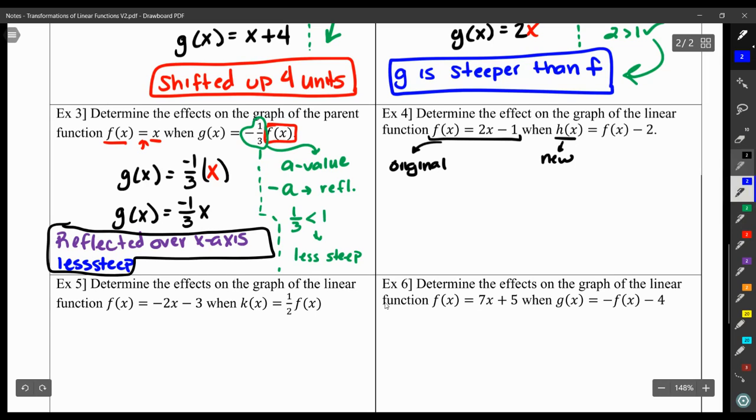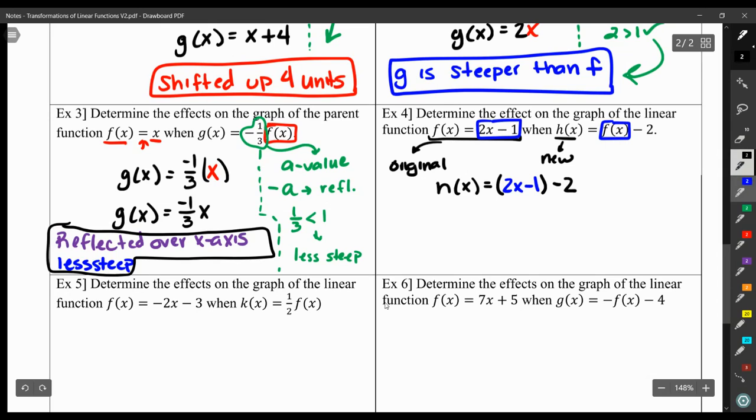So what we're going to do is, again, I'm going to replace f of x with what it is equal to. So this here is going to be replaced with all of this, because that is what f of x is the same as. And so my new function, h of x, will equal, I'm going to put a parenthesis because I'm substituting, f of x gets replaced with 2x minus 1, and then I still have minus 2 hanging out on the outside.